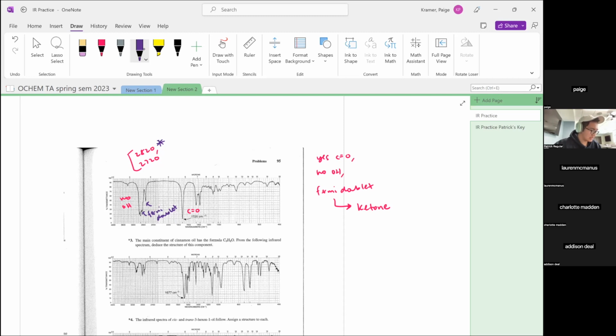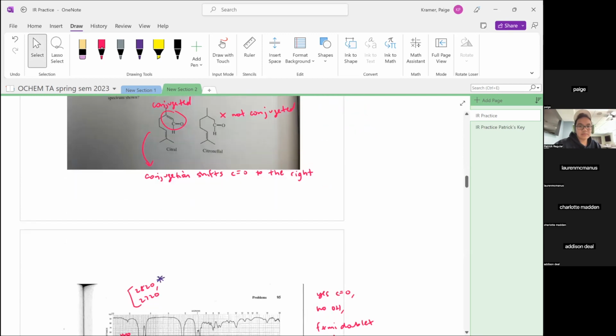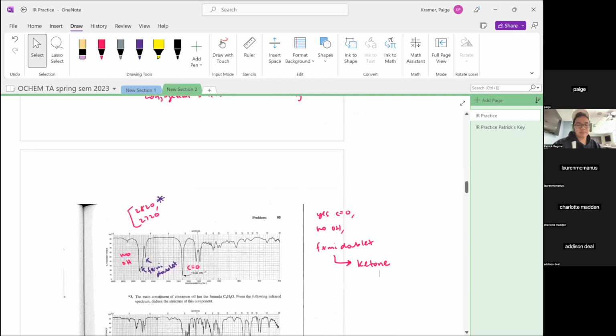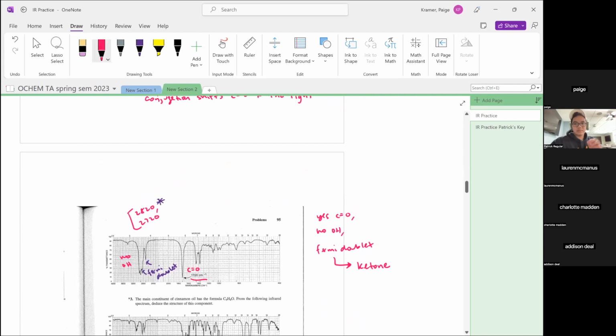Sorry about the Fermi doublet thing, but that shows you how grateful you should be that you're going to be given nice spec on the exam instead of a messy one like this. I was doing it a little fast, my bad. The point we wanted to get across is that this peak is right at 1720, so it's not shifted to the right.